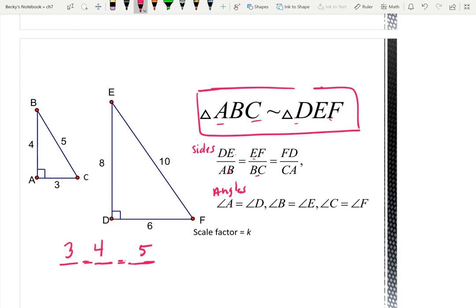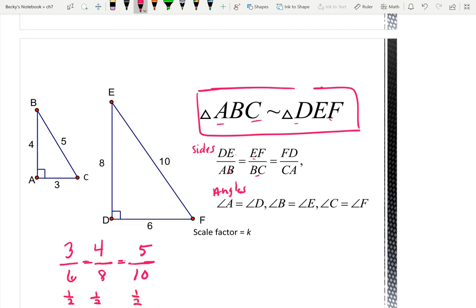And then for the bigger triangle, I would do the same order because sometimes the pictures are rotated and flipped and it's not real easy to tell what goes with what. And so I would match it up and say 6, 8, 10. Okay, now if you notice, they all simplify to the same number. They all simplify to a half.